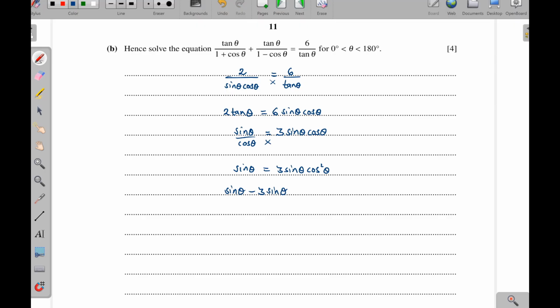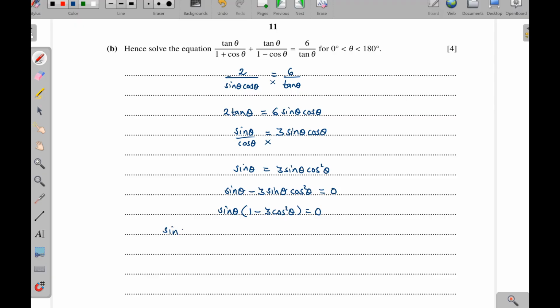Or I can even leave it. Let me just leave it in terms of cos, because I'm going to pull out the sine. So sine of theta is common. Then here you'll have a 1, then minus, here we shall remain with a 3, then cos squared of theta, which is equal to 0.